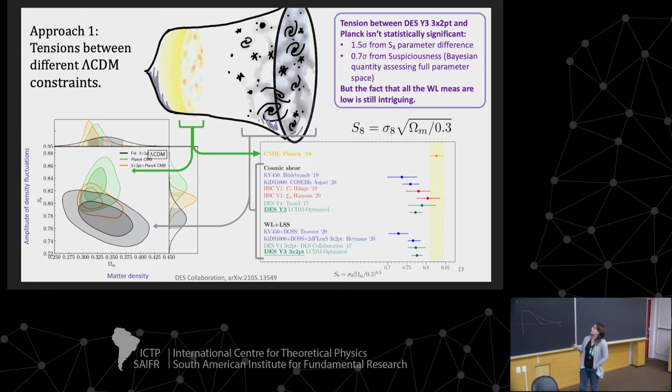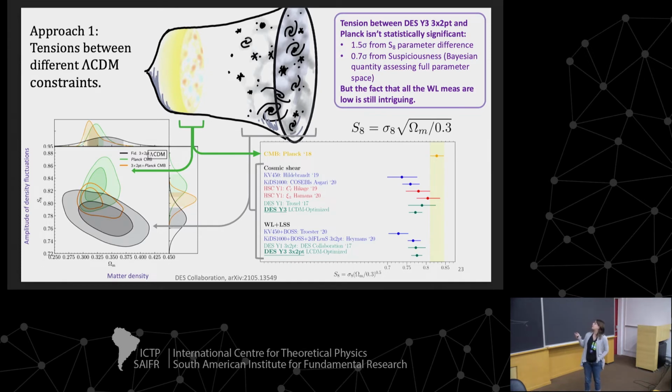Both plots here are showing S8, which is a measure of the amplitude of density fluctuations at redshift 0. And this is highlighting the much talked about S8 tension, where when you constrain S8 using the CMB primary anisotropy information, you expect a higher value of S8 than what we seem to observe with a number of different weak lensing and galaxy clustering measurements.